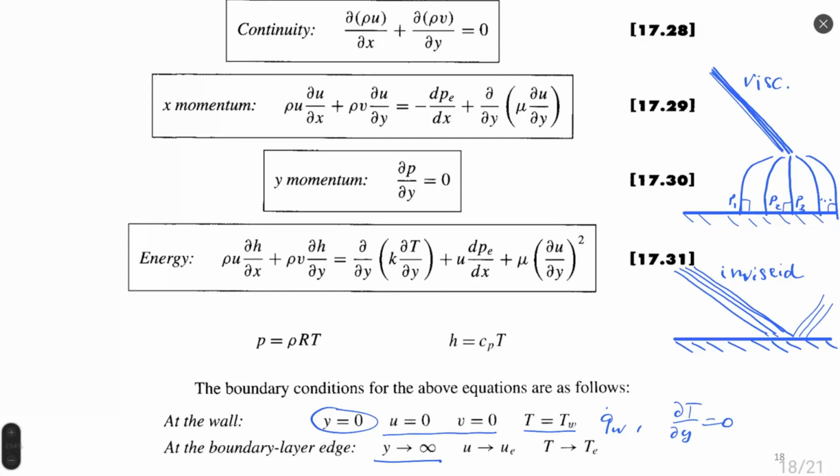On this edge of the boundary layer, we have velocity equal to the external velocity outside of the boundary layer, which is close to infinite velocity. And on the edge of the boundary layer, we must also set a condition for temperature. It could be a known temperature on the edge of the boundary layer.